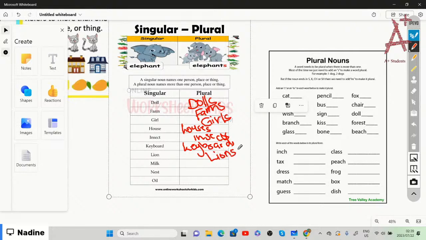And here we only add an S. Milk, one milk, we can say milks. And then nest and nests and oil and oils. So basically we're just going to add an S to change those forms of words into plural.